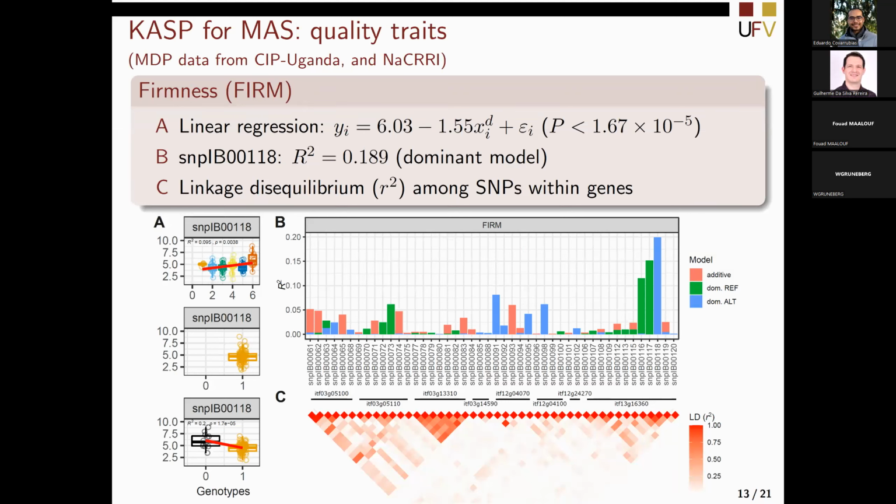But turns out the correlation between beta amylase content and firmness is about minus 0.4. So it's not complete, right? So we weren't expecting that high of a R square, but it seems that there is something that we can use here as well.